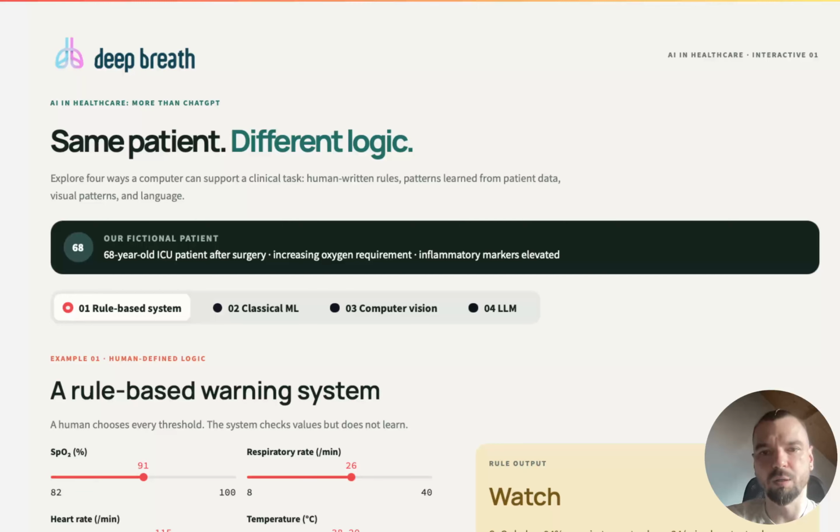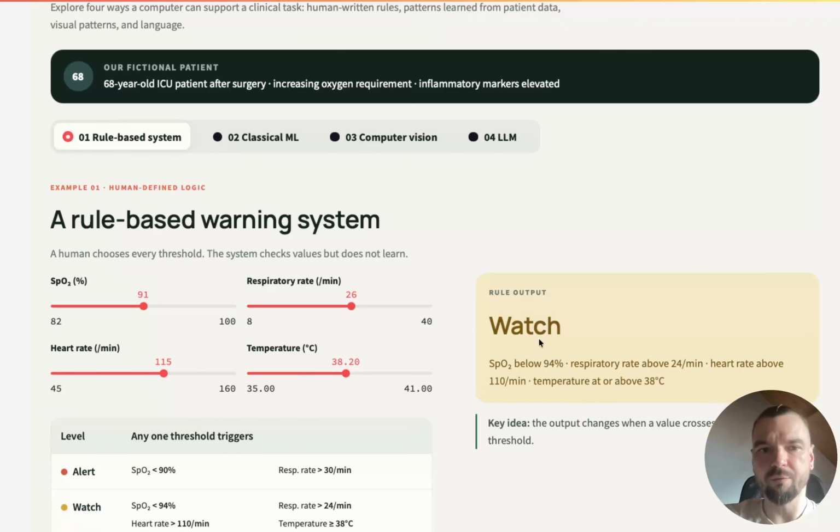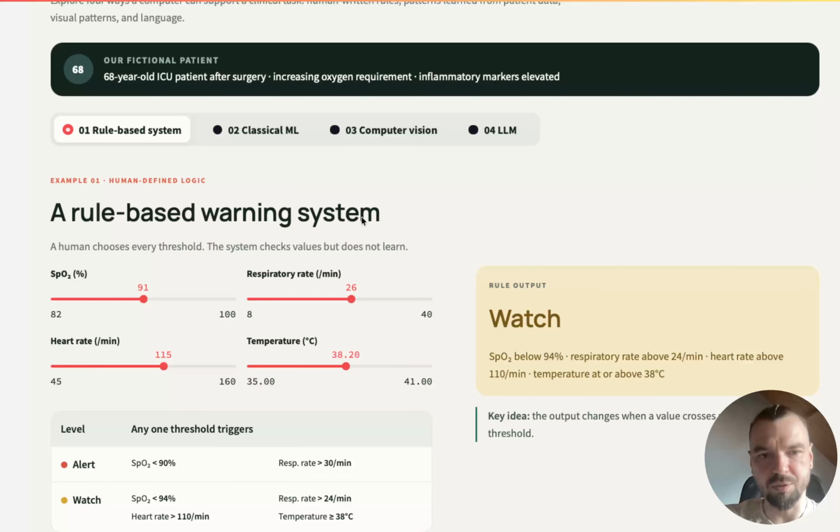So let's assume we have a 68-year-old patient after surgery. They require some additional oxygen, and there are some inflammatory markers. What we already have in any intensive care, in any hospital, is a rule-based warning system.